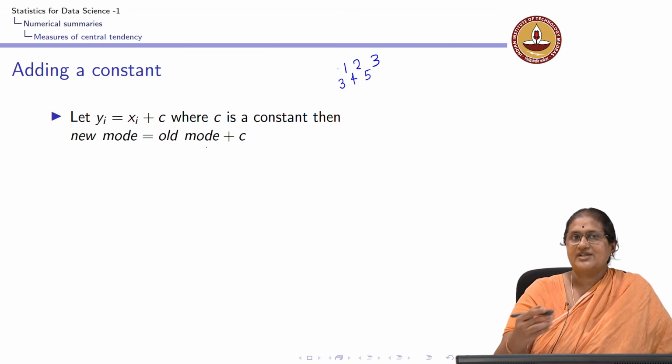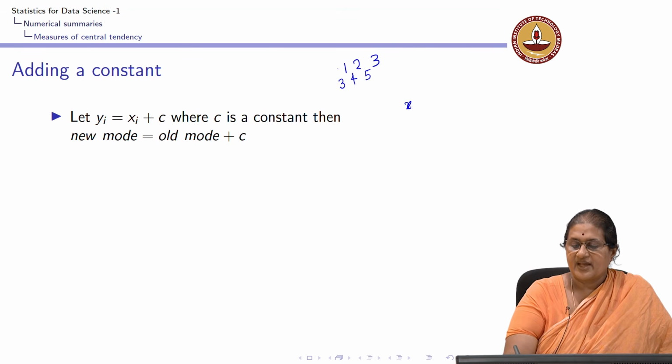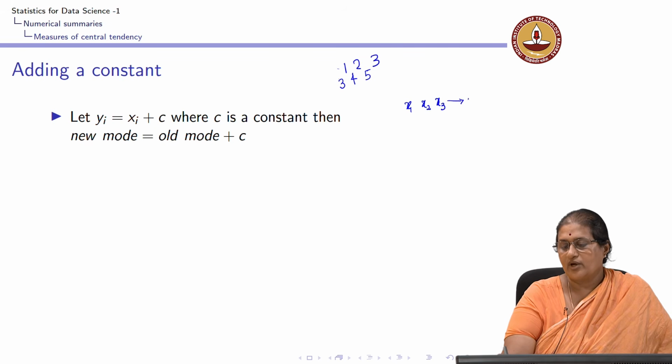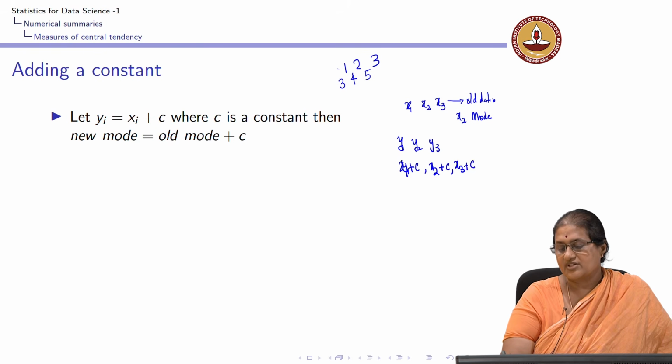So if I have x1, x2, x3, which is my old data set, and suppose x2 is the mode of my old data set, I add a constant to get y1, y2, y3, which is x1 plus a constant, x2 plus a constant and x3 plus a constant.